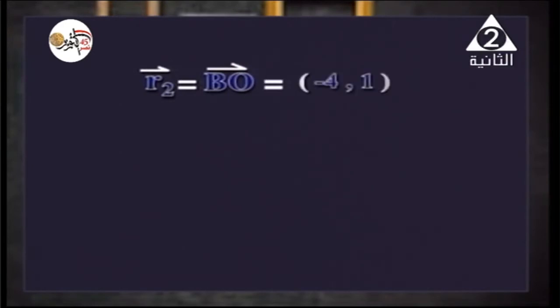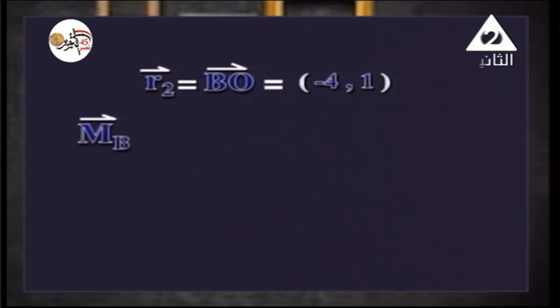Moment about B, we find R2. R2 means the position vector at point B. R2 equals BO, O minus B, which equals the components of the point B, (-4, 1).